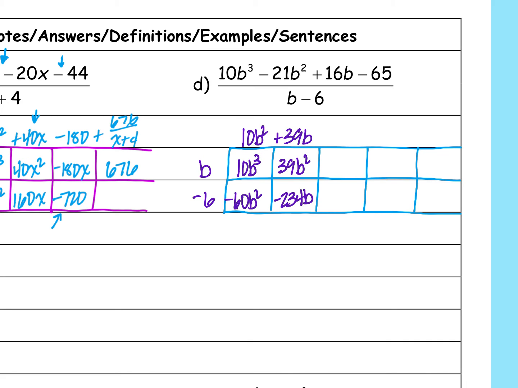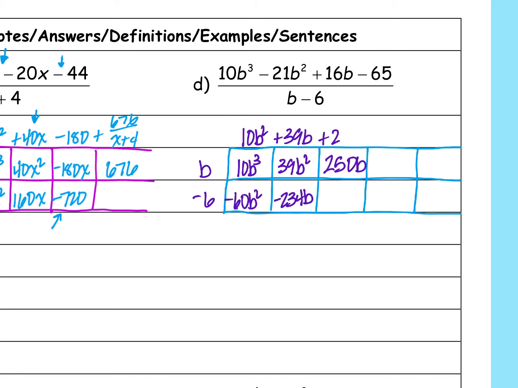Okay, and then negative 234, and I want it to be positive 16. Oh, maybe I didn't mess up. Should be 250. So 250, yep, so 250b.